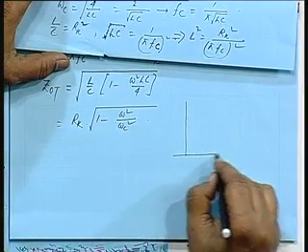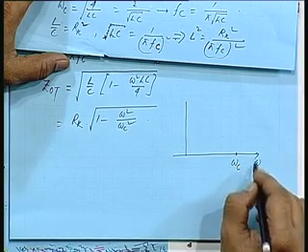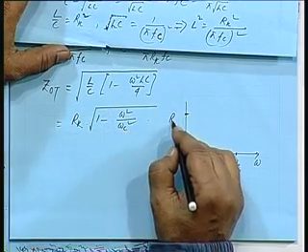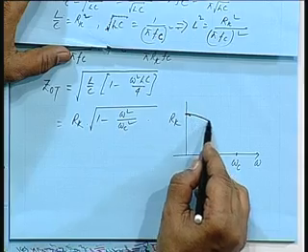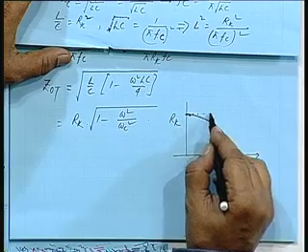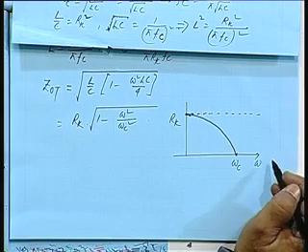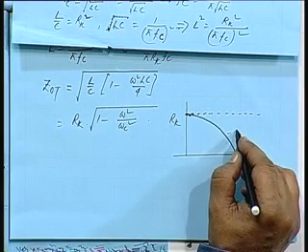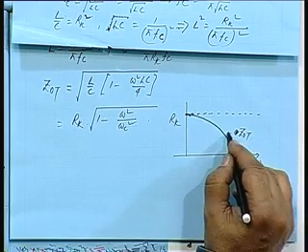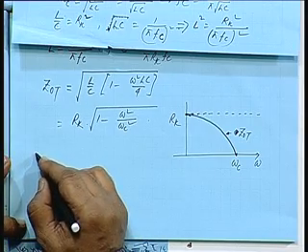So, with respect to frequency, it will start when omega is 0, it is R k from this value, and it will gradually fall like this. So, the characteristic impedance does not remain constant as such, it varies with the frequency in this manner. This is for a T network Z O T.